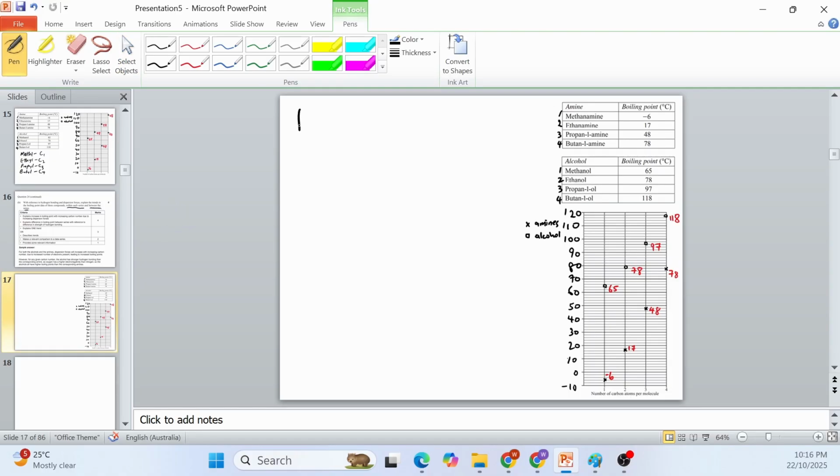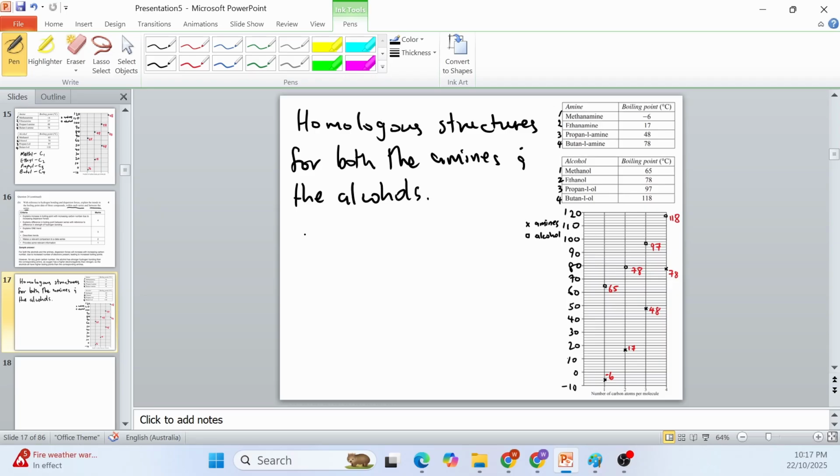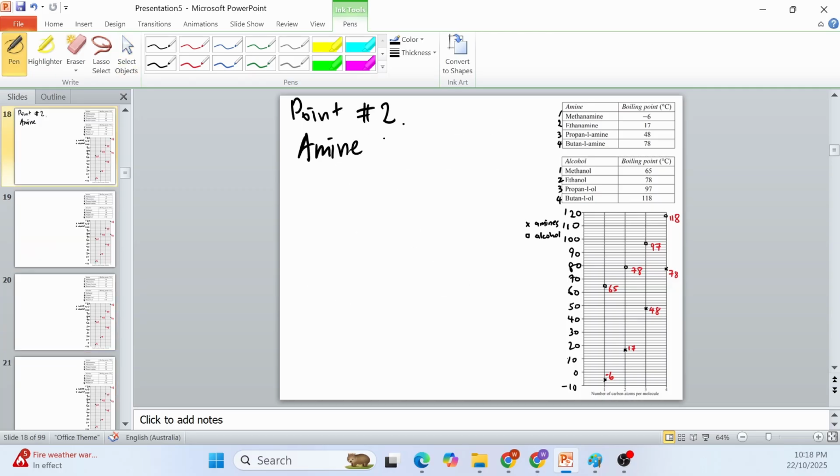Point number 1, we are looking at homologous structures for both the amines and the alcohols. So as it goes, we are presented with carbon 1 to carbon 4, and in this case amine versus alcohol. Point number 2, all the amines in this question are primary amines.